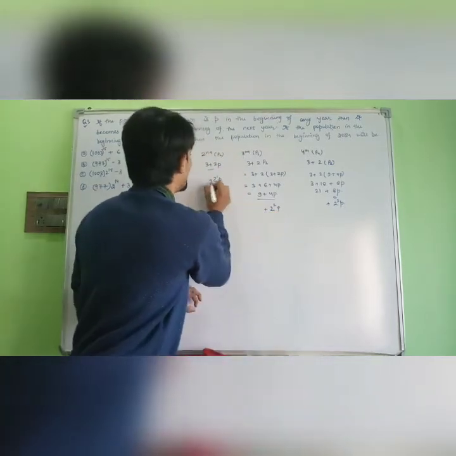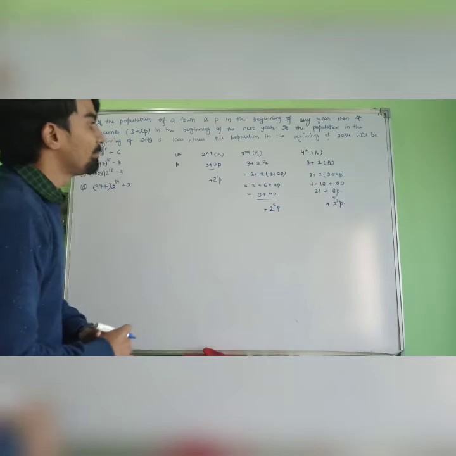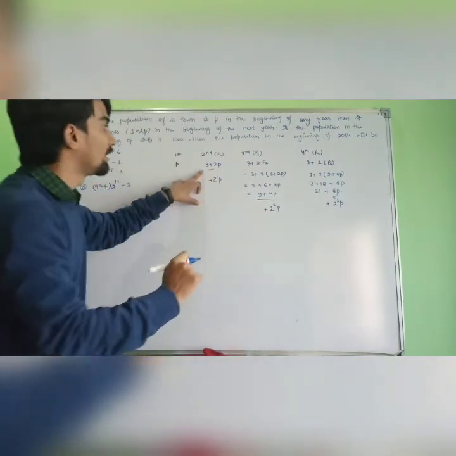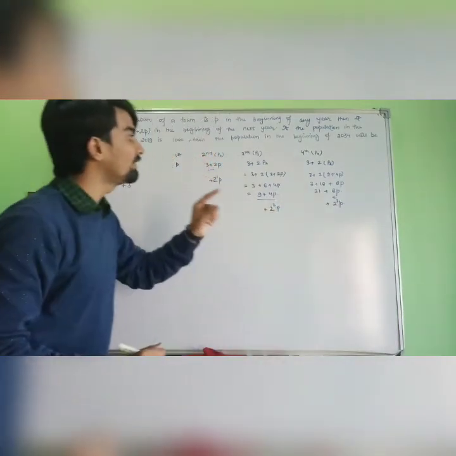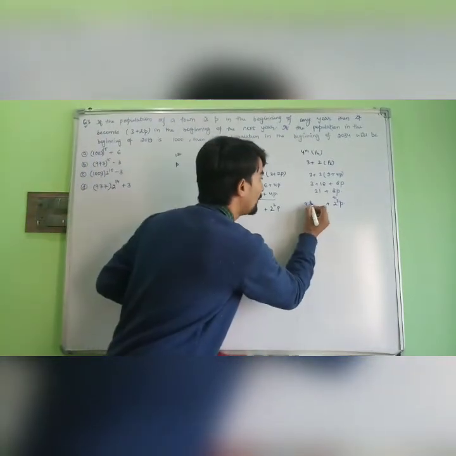Okay, so a pattern is coming from this sequence. We have 21, we have 9 and we have 3, and we have 0. From 21, 9 and 3 we can take 3 common.